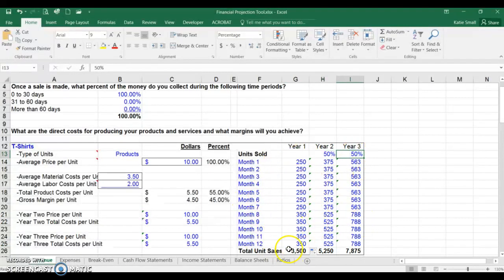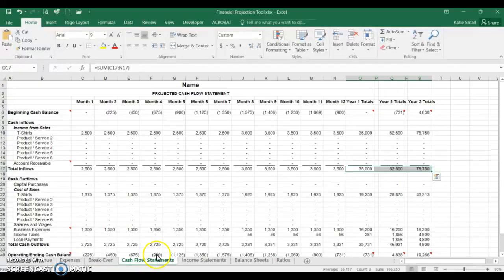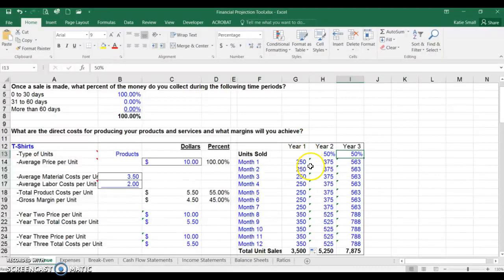So once you change these unit projected sales, how much you're going to be selling, notice the break even hasn't changed. $36,000, that's what you need to break even. And what has changed then are these numbers, which pull from 250.